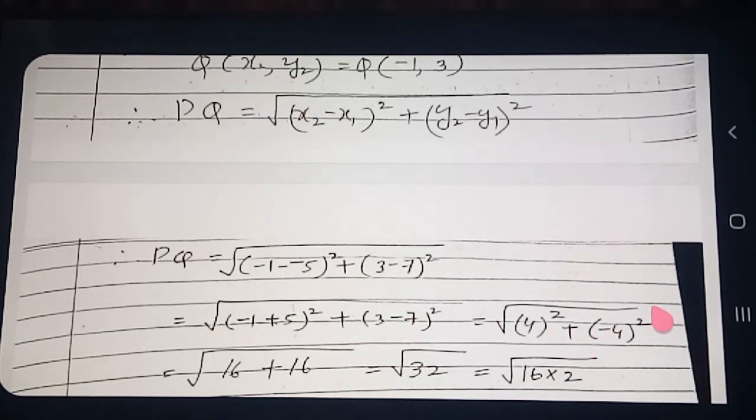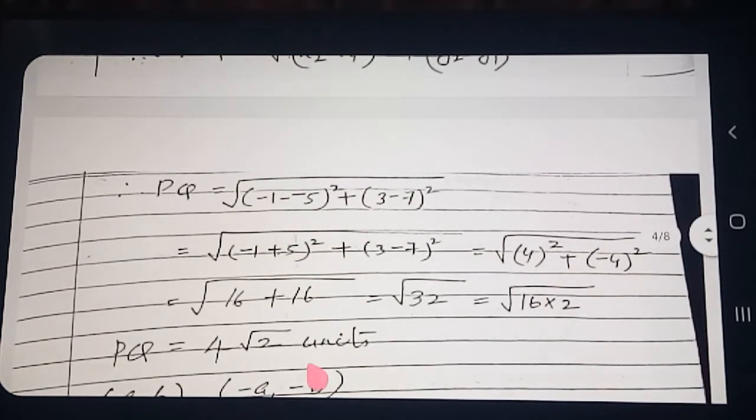Minus 4, the whole square. So 4 square is 16, plus 16, what will come? 32. 32 we can split and write as 16 into 2. The square root of 16 is 4, so 4 root 2 units. So you got the distance between P and Q: 4 root 2 units.